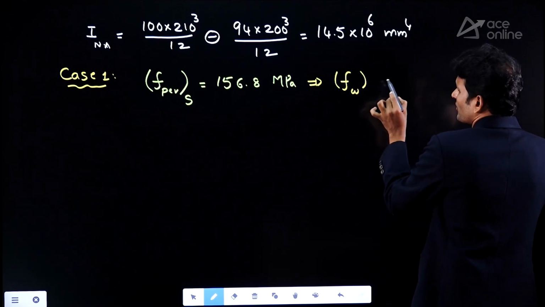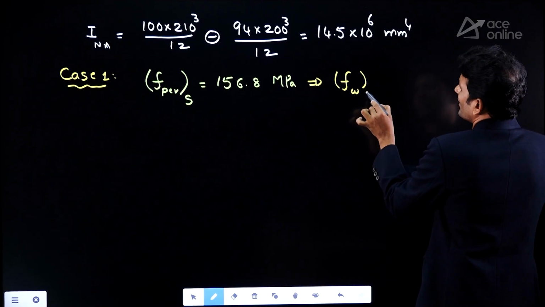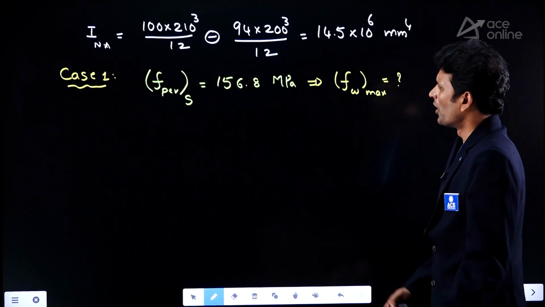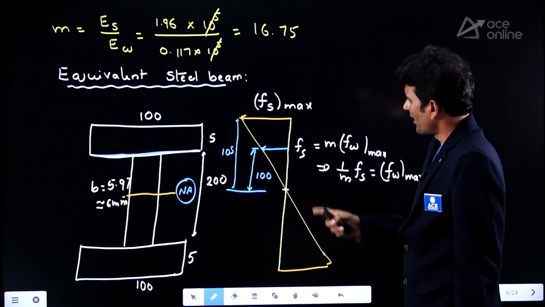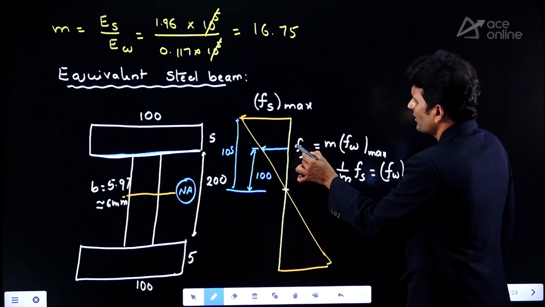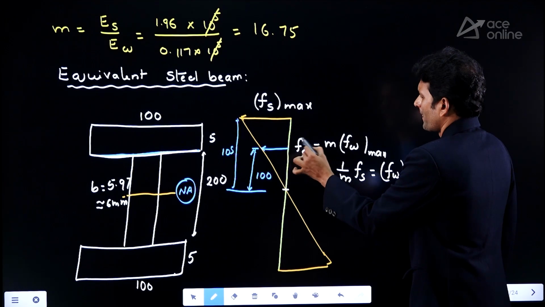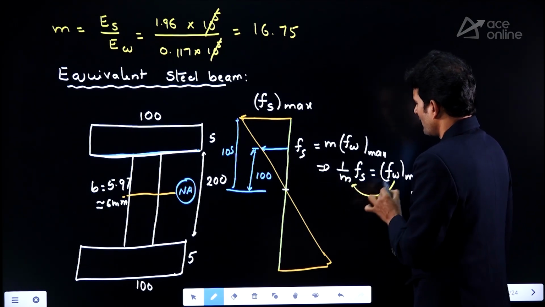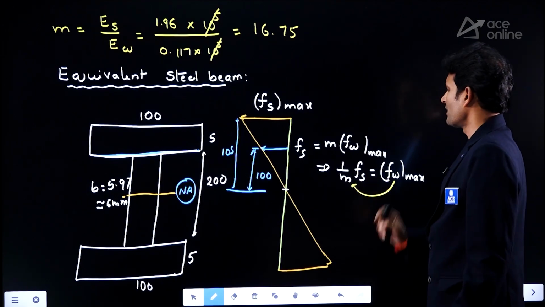What is the maximum stress we are observing in the wooden part? You try to calculate this. How should I calculate? Simply, I can use the similar triangle concept. First, when I find out the stress here, Fs, in place of this one directly I know that 1 divided by m times Fs we are having.